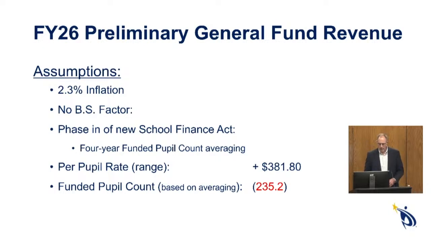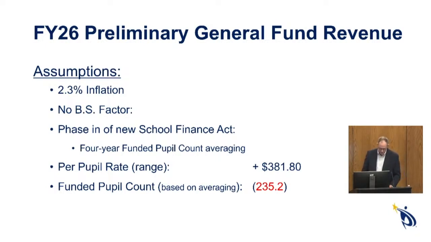Right now, if we were to compare that per pupil rate range, we're up about $381.80 over fiscal year 25's value. And that funded pupil count, again, this includes district charters, is down 235.2 funded pupils.